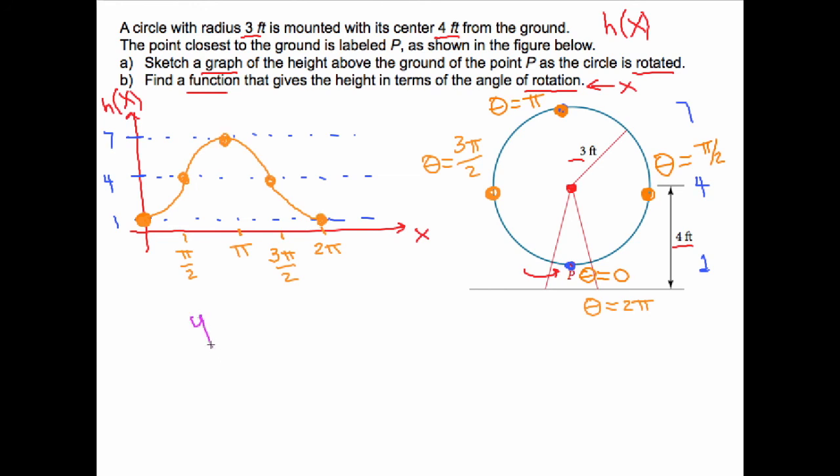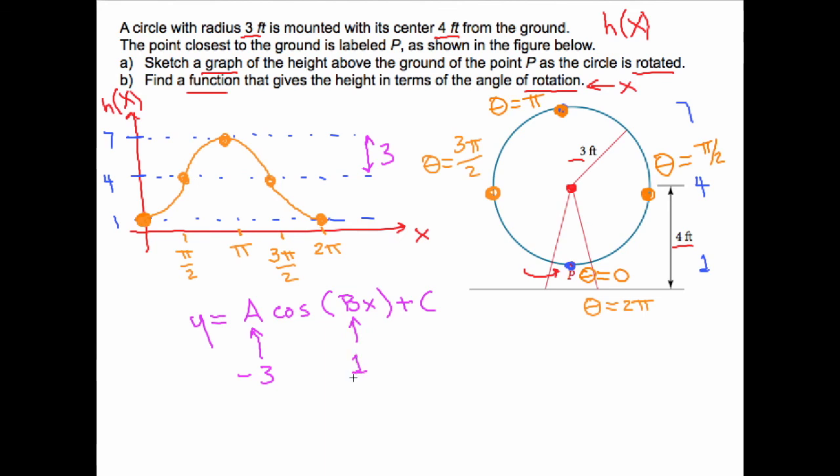So if I think about my standard form for cosine, y equals a times the cosine of bx plus c, I know that my cosine graph has been reflected, so that means when I look at a, it's negative. And I know the stretching factor seems to be 3 units, so I have negative 3. What else do I know? Well, I know my period is 2 pi, so b is 1.